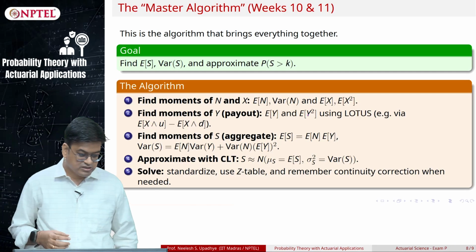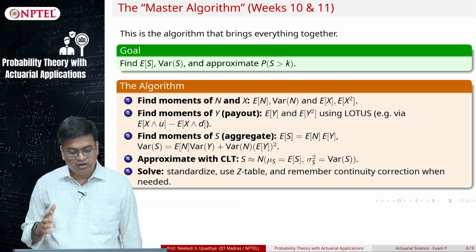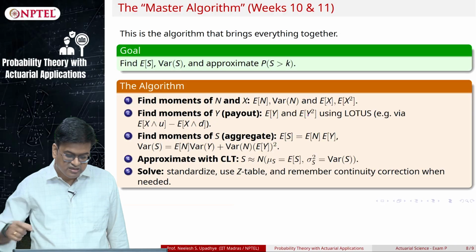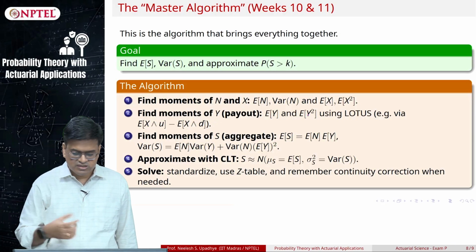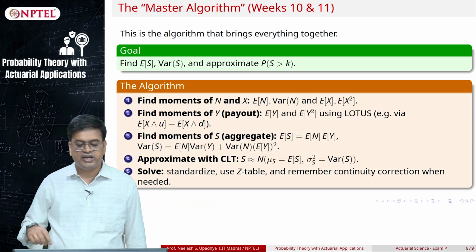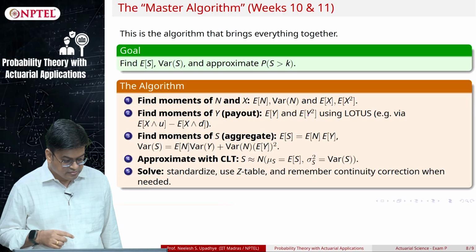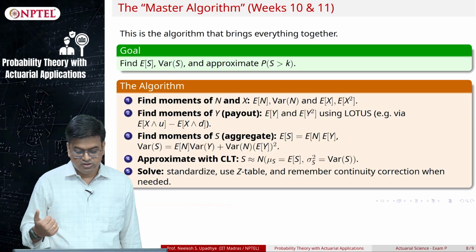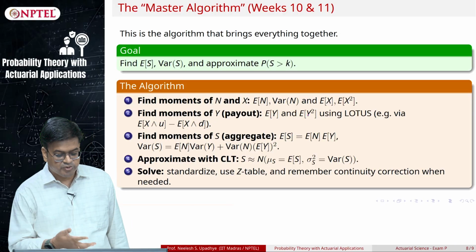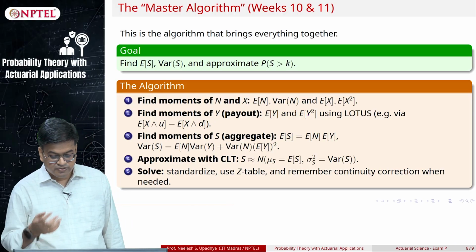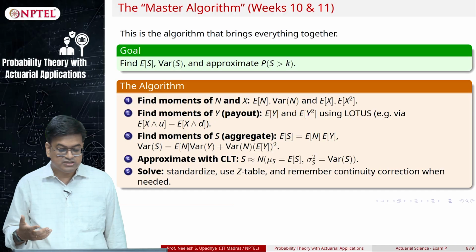So the first thing was finding the moments of N and X, which we are very much familiar with, it is a straightforward thing. Then relate it to the insurance policy. So we want the insurer payout. You have to essentially compute expected value of Y and Y square. What are Y and Y square?